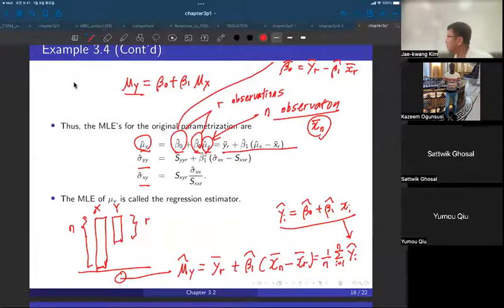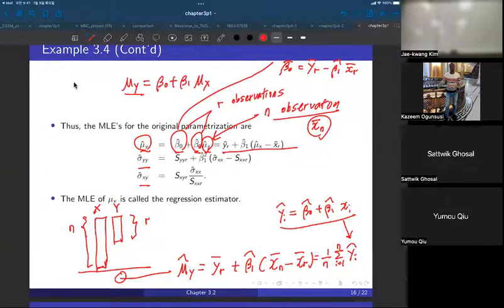So what is the interpretation of this? The interpretation is that you use the respondents as a training set to build a model.